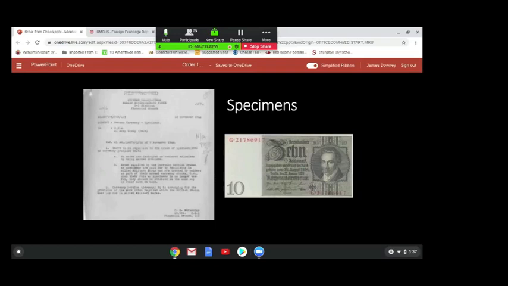But they did create, compile 50 some odd sets of specimen Allied military marks and then specimen German notes that they sent out to the finance offices so that they had, again, examples of them. But then the instructions were that the Reichsmark notes were to just be dispersed out like any other note, even though they were marked as specimens.